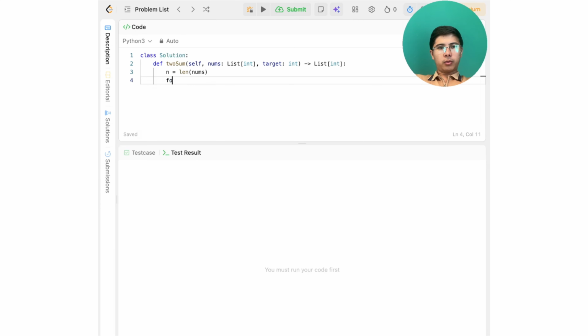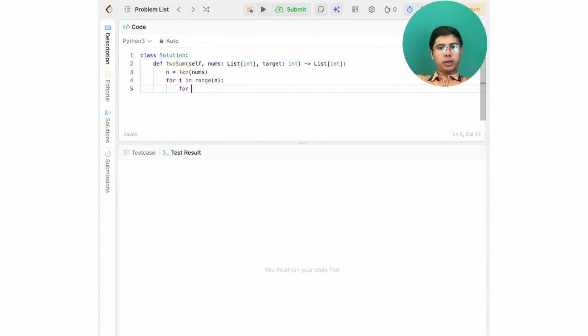Then we write the outer loop, for i in range n, which is our input size of the list. We need this loop because we need to pick one element at a time.